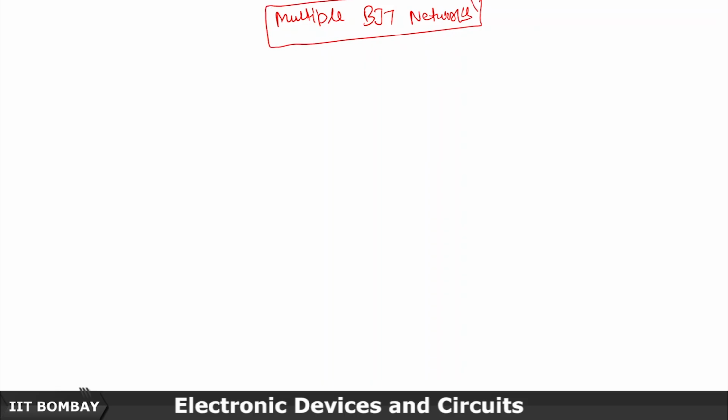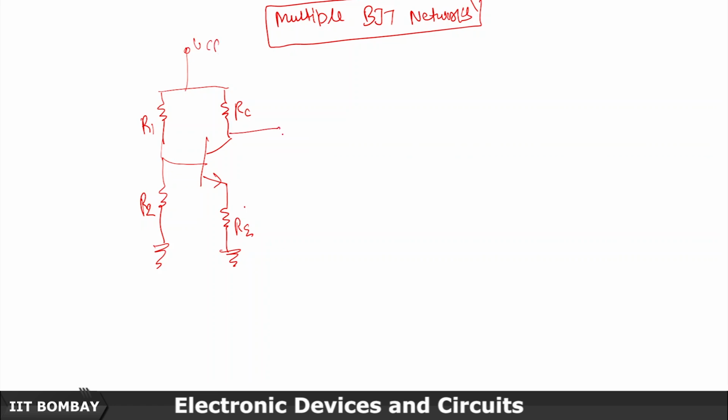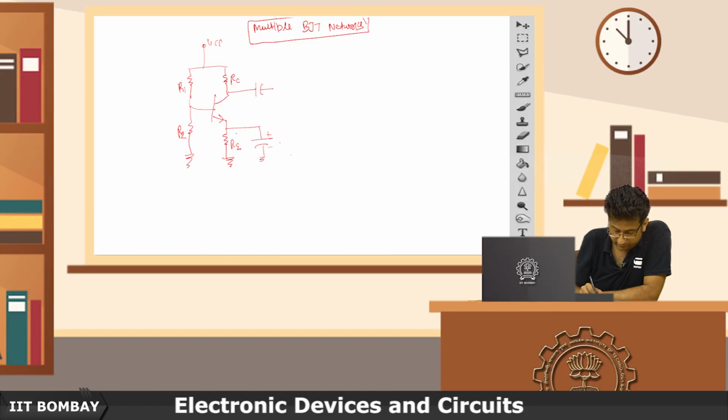Okay, so let me just quickly draw again the voltage divider configuration here. So this is my output, and this will be connected through a coupler, a capacitor, and again there would be a capacitor for the input.